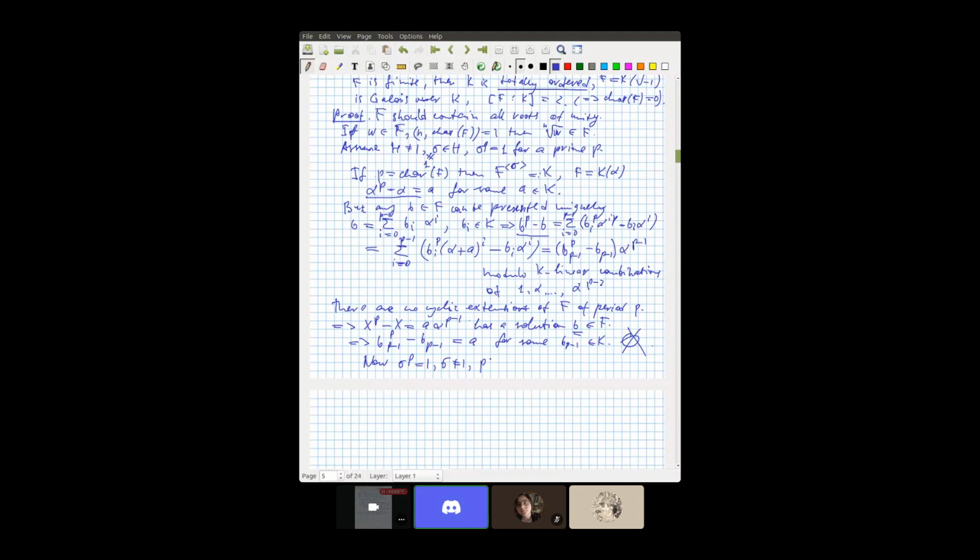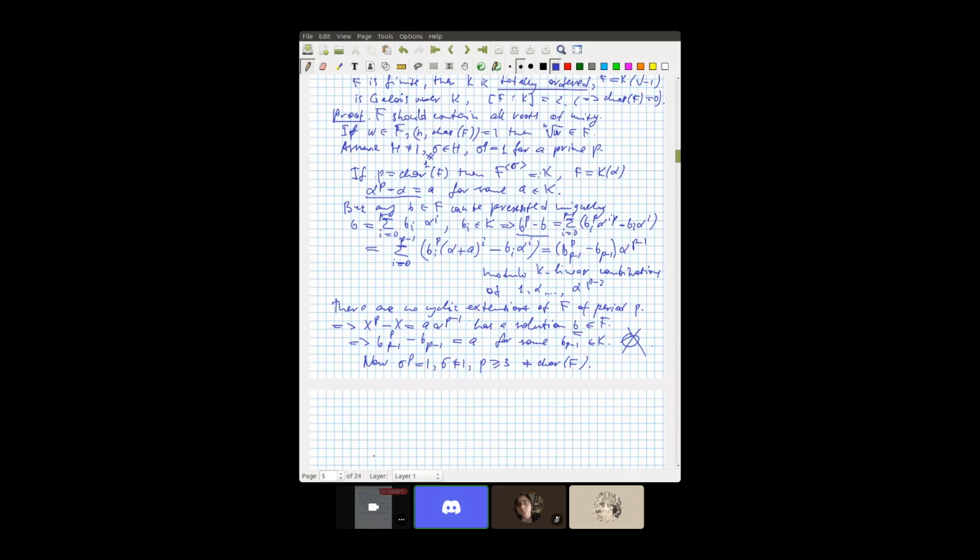We exclude the case where p is the characteristic, so we consider only primes and assume that they are not equal to the characteristic of F.